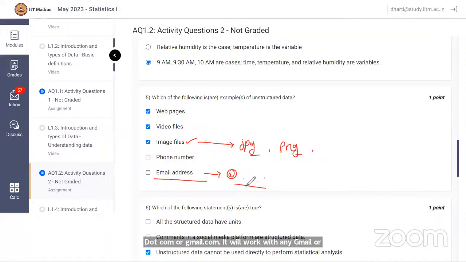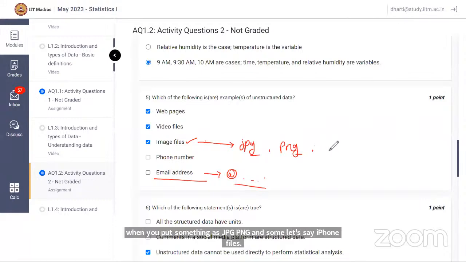It does not restrict anything. Even though you put yahoo.com or gmail.com, it will not affect when I have to use it to mail you. But as an image, when you put something as JPG, PNG, or, let's say, iPhone files, then it will not open in some particular software, right?